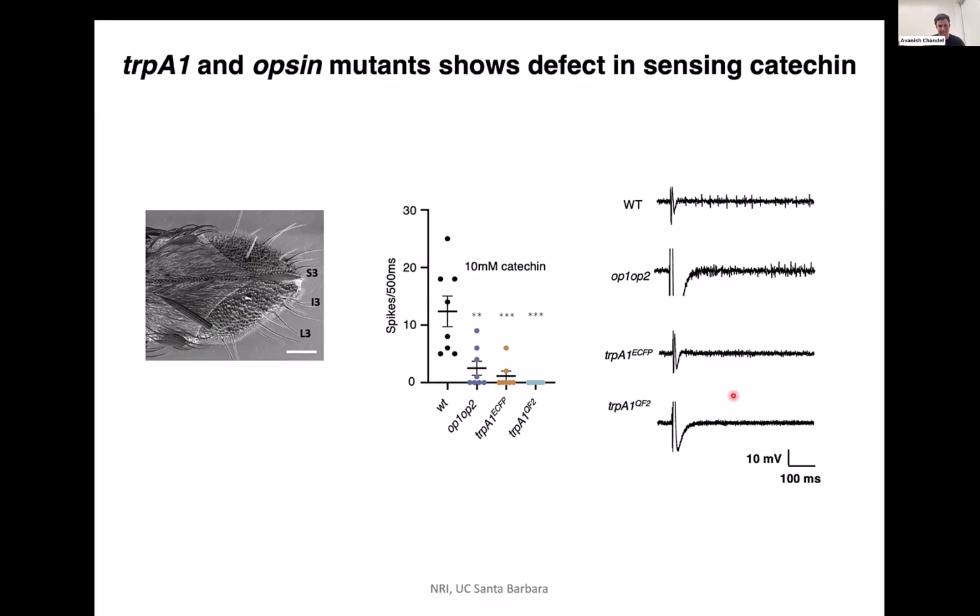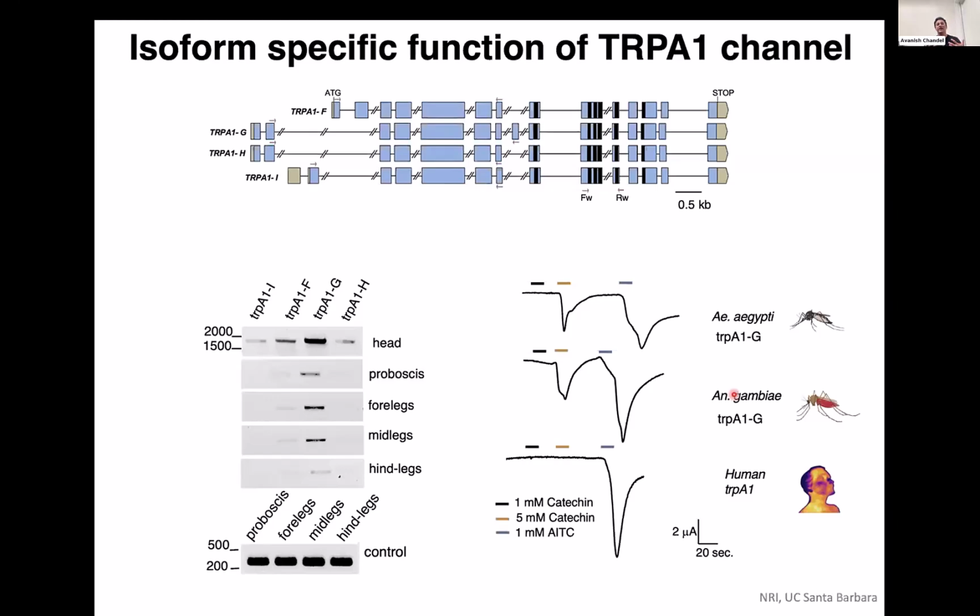Now, we know that TRPA1 is involved in sensing catechin, but it's known that different isoforms of TRPA1 have different functions, and that may be the reason that the same TRPA1 channel is involved in sensing two different sensory modalities, thermosensation as well as chemosensation.